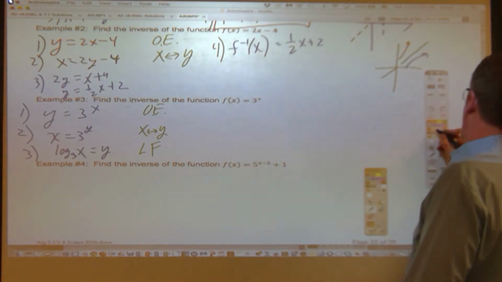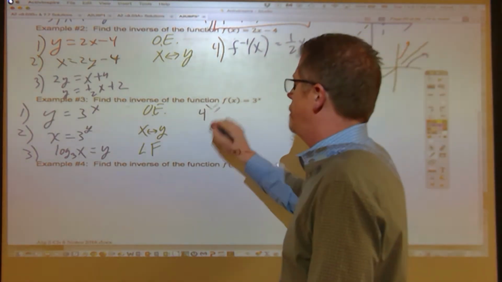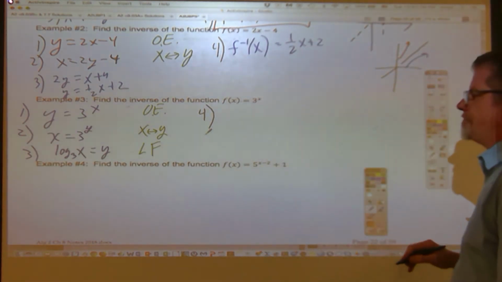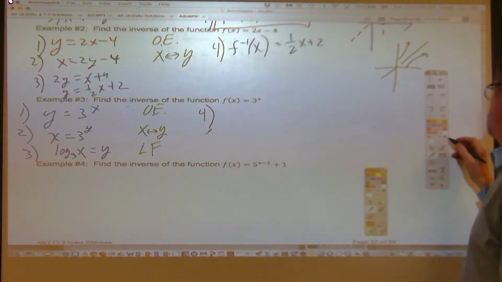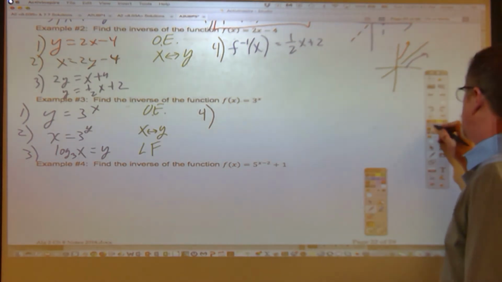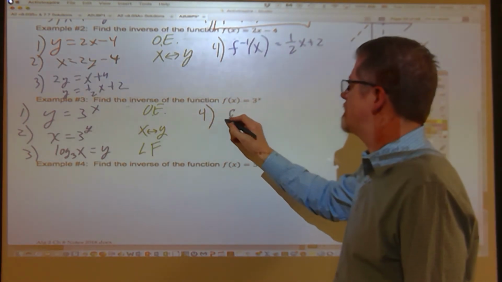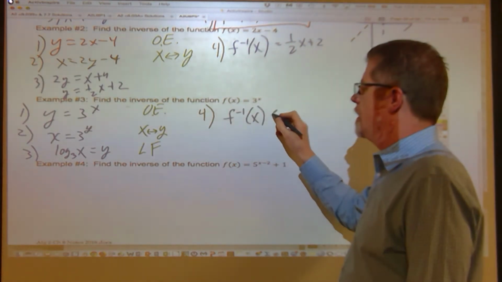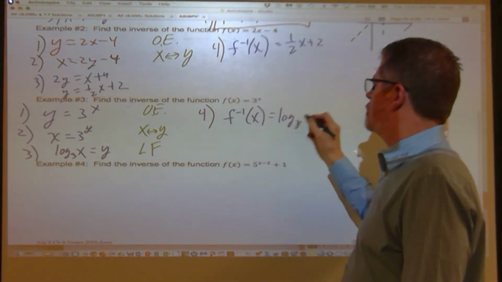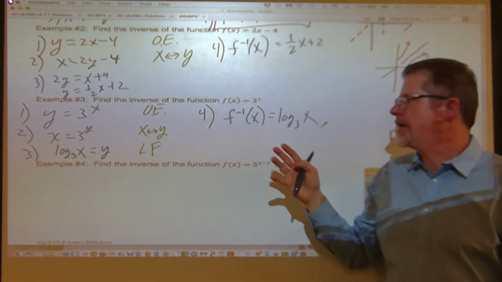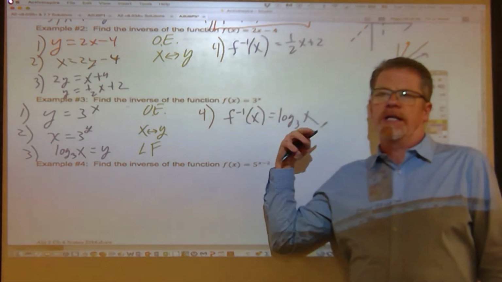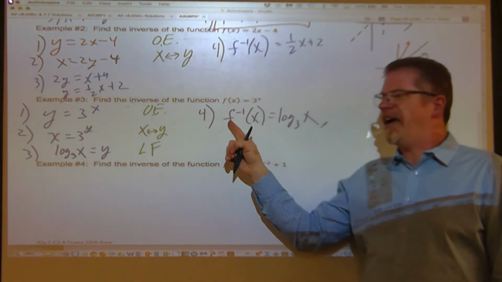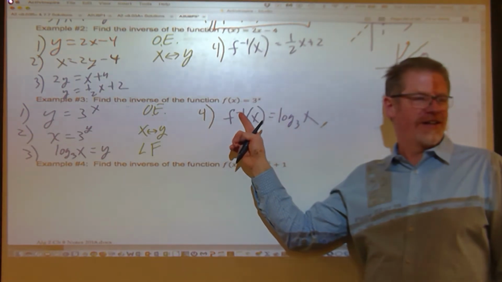And therefore, all that remains for step 4 is to replace y with the symbol f inverse, not f to the negative 1. Is there anyone who's willing to honestly admit that when you see this symbol, the words that flow through your mind are f to the negative 1?